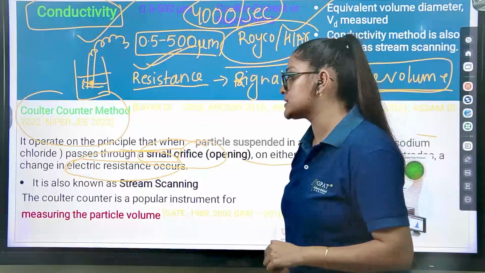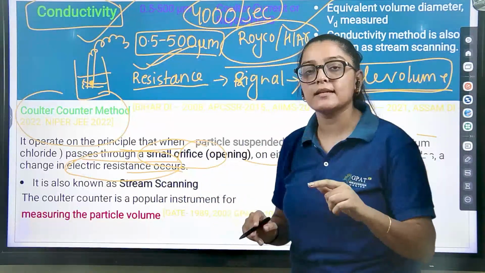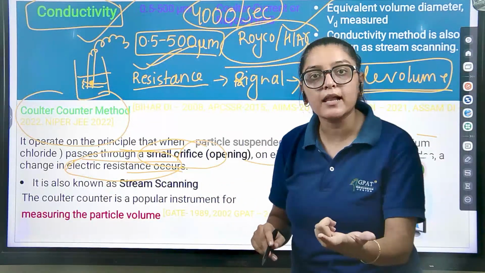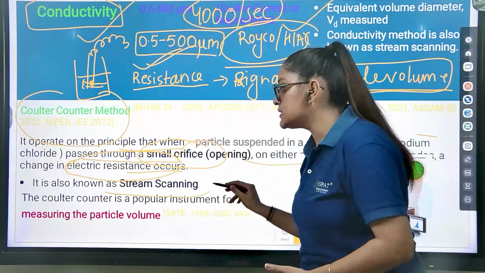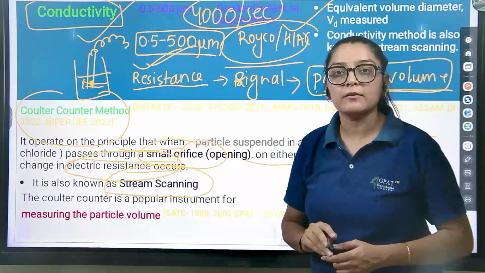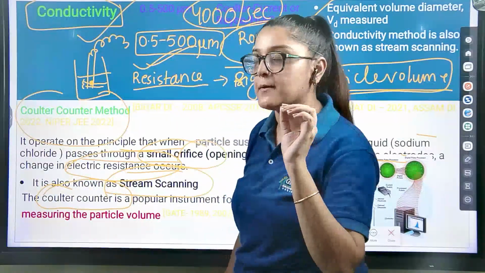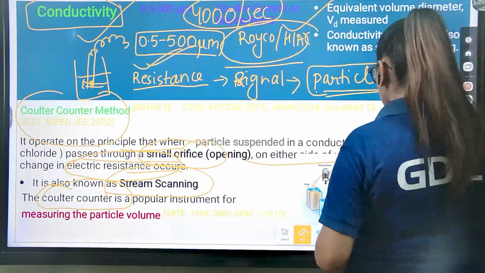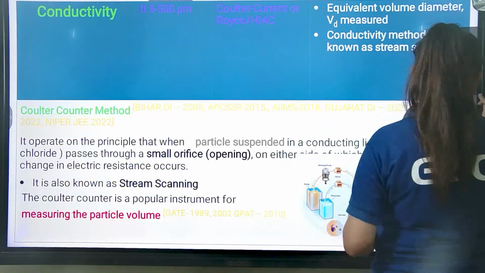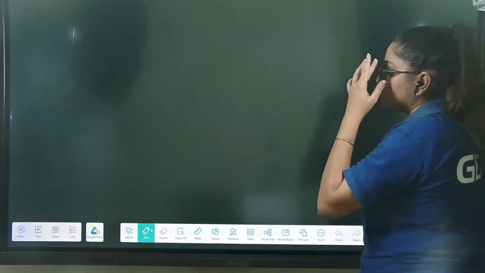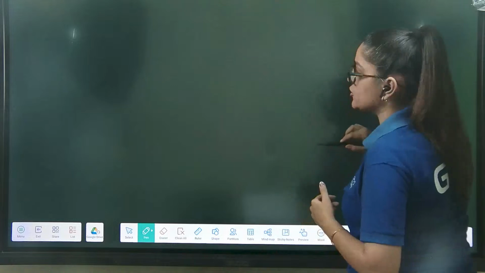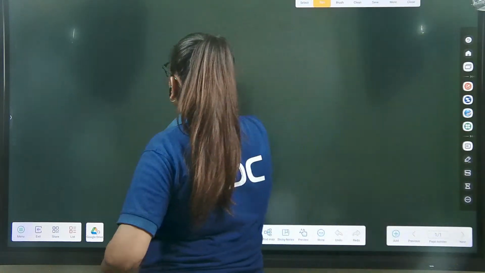This change in the resistance will be noted as a signal and the final result will be particle volume. Also, this is known as a stream scanning method or Coulter-Counter method. Very important. Okay. Now, let's see how many of you will be able to answer the questions that I am going to put now.